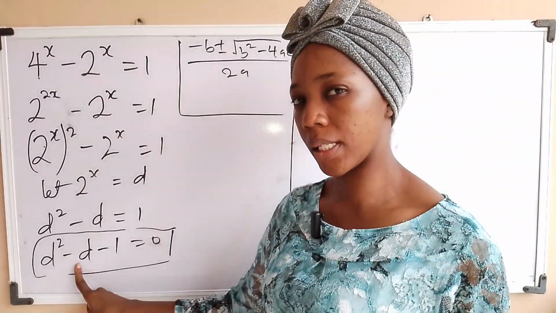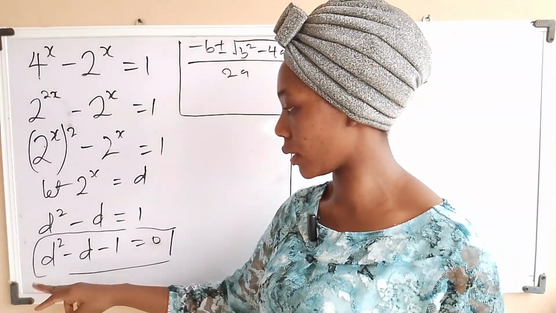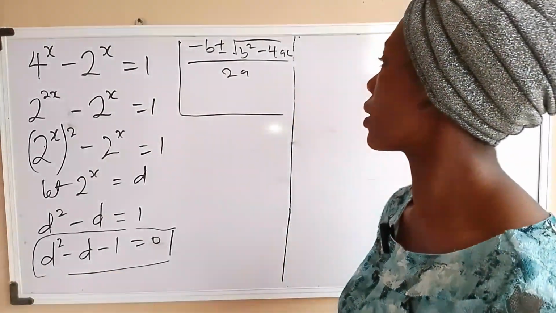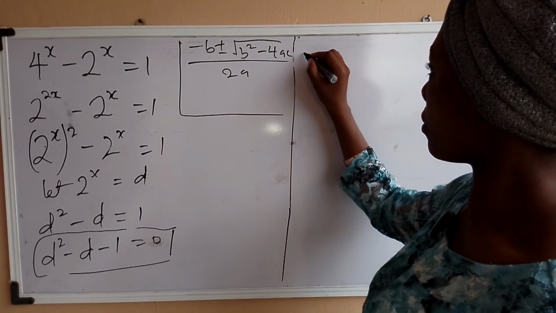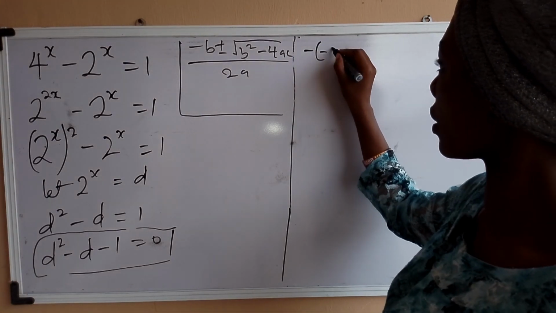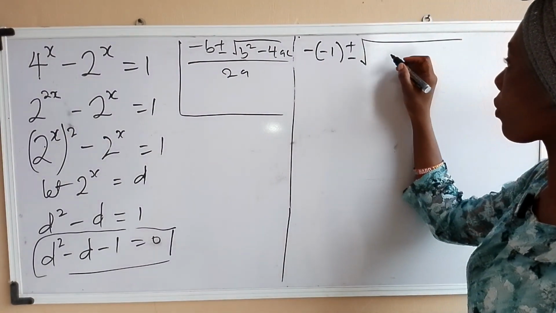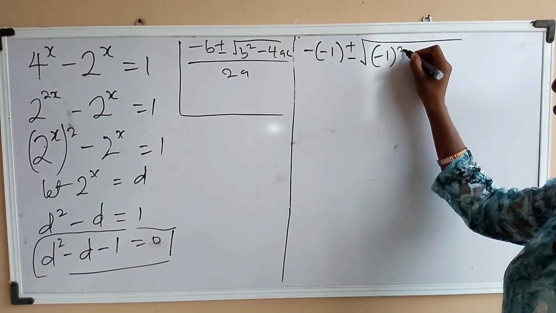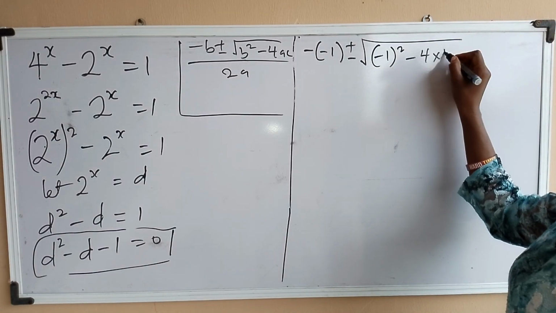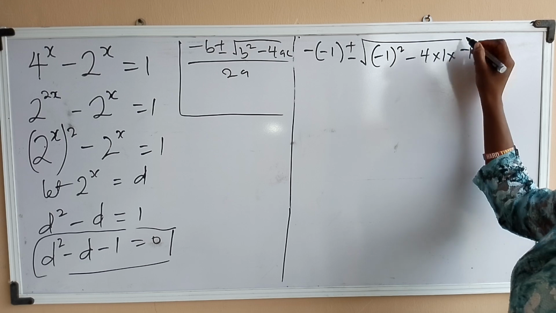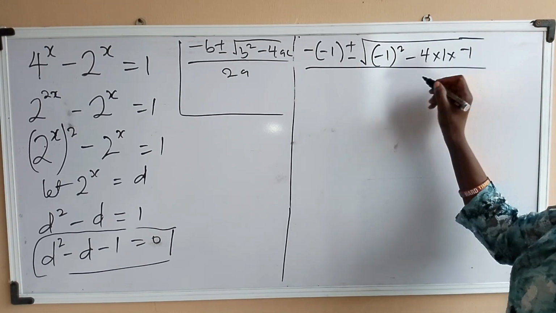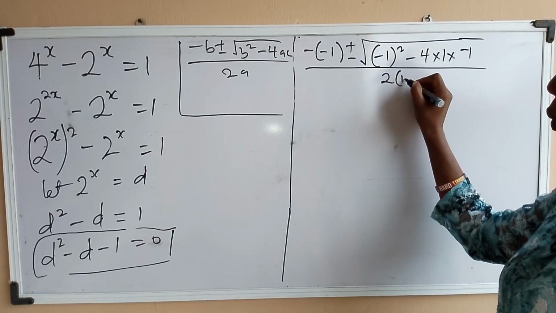The coefficient of b here is minus 1, which is here is 1, here is minus 1, and here is minus 1. So we're going to substitute and say b is minus 1, minus minus 1 plus or minus square root of minus 1 squared minus 4 times 1 times minus 1, all over 2 times 1.